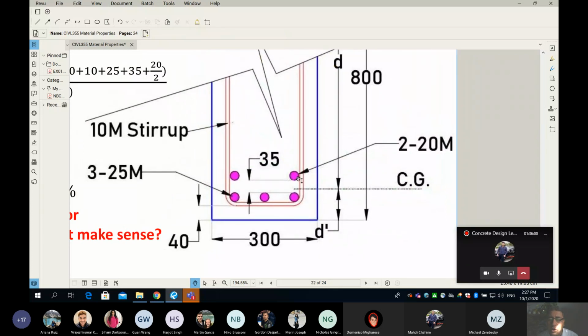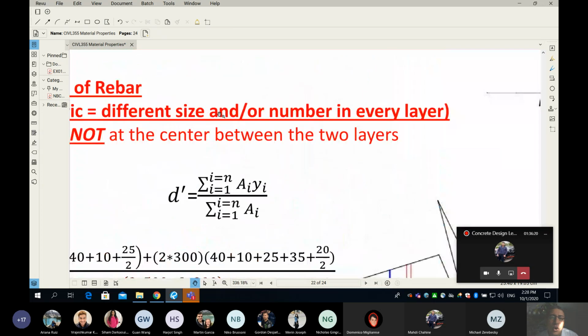In the second layer, we have only 2, which means layer 1 and layer 2 are different in size and also different in number. However, it is "and/or". It means if they are different in size, you apply the same business. If they are different in number, you apply the same business, or even both. If both, number and size, you apply the same business.